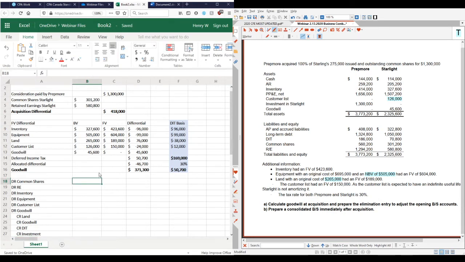So 301,580, inventory is 96, equipment, customer list, land. Oh, not land, I've got to skip the land, so customer list and the goodwill.